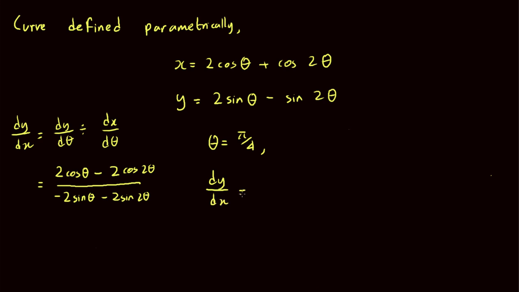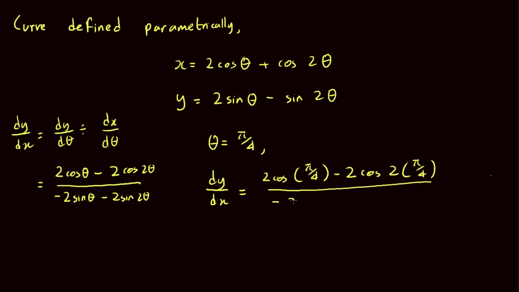We just plug in the numbers, so it would be 2 cosine pi over 4 minus 2 cosine 2 times pi over 4, over negative 2 sine pi over 4 minus 2 sine 2 times pi over 4.